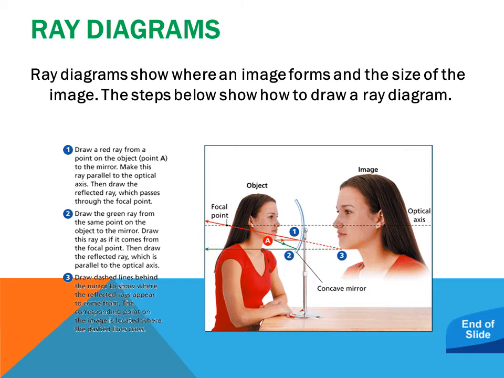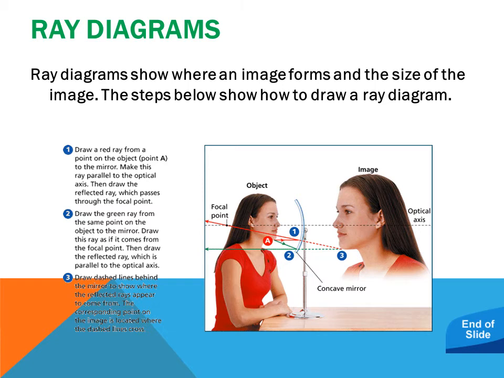Then draw the reflected ray which is parallel to the optical axis. That you can see in this figure, the ray which is drawn in green color. This is step 2. Now we have the third step, which shows there are dotted lines behind the mirror.